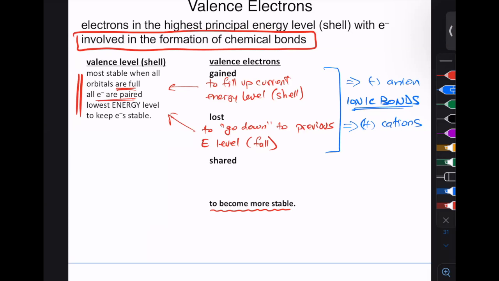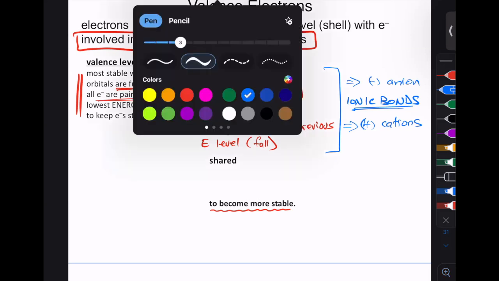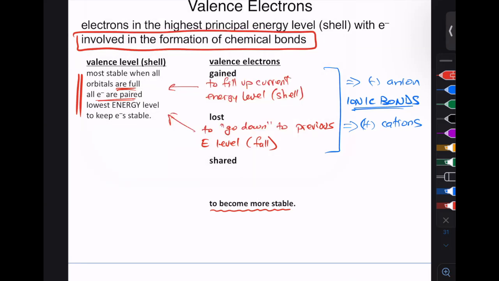Now, sometimes we'll have atoms where you can't really decide whether it's going to be more stable if it loses or gains electrons. You'll see that there are a number of atoms that, instead of completely losing or completely gaining electrons, are going to share them instead. When we share electrons, this allows both atoms involved in the sharing to have a full valence shell.